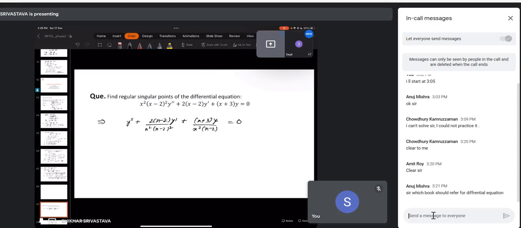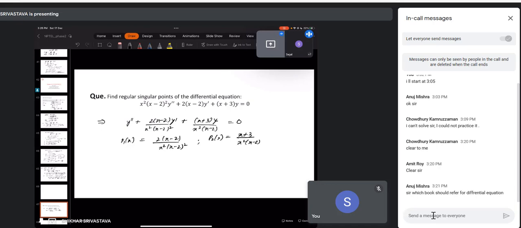Now P1x is 2 times x minus 2 upon x square times x minus 2 whole square, and P2x is the coefficient of y, which is x plus 3 upon x square.